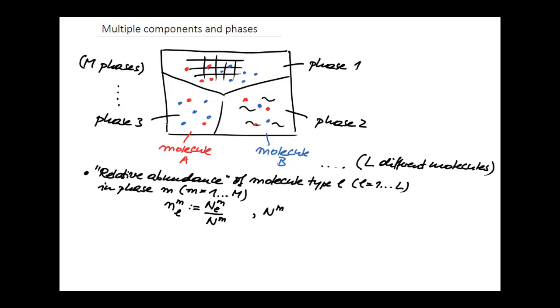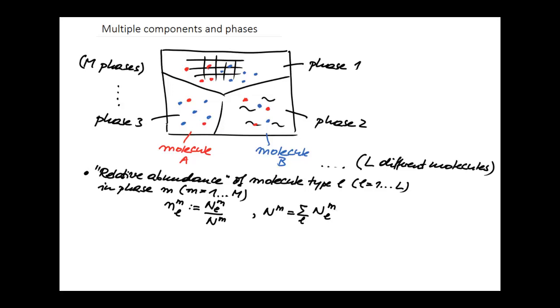The total number of molecules or total number of particles in phase M, this is the sum over all molecule types of the number of molecules of type L in phase M. Now, in general, this relative abundance of molecule type L may vary between the phases.